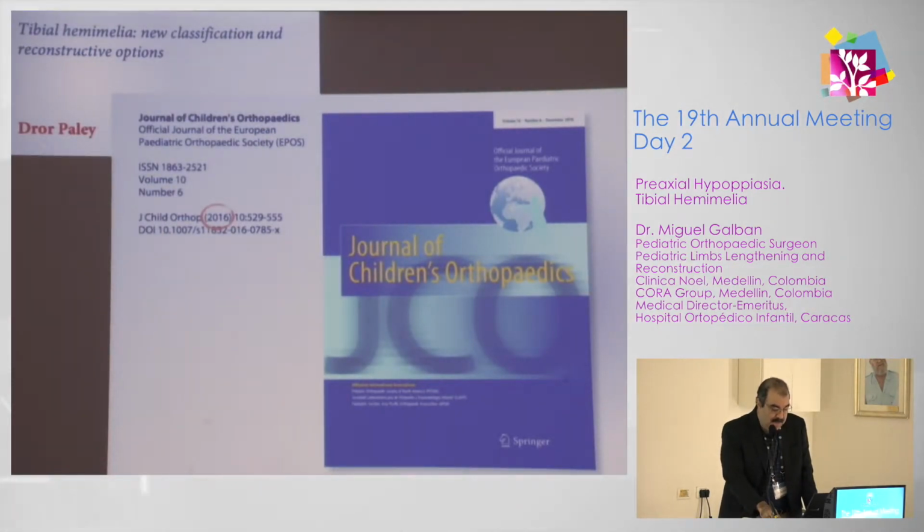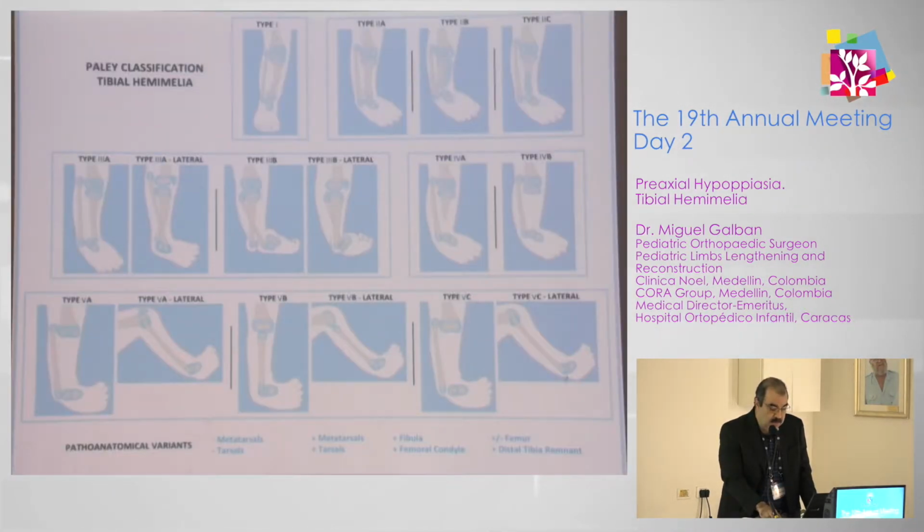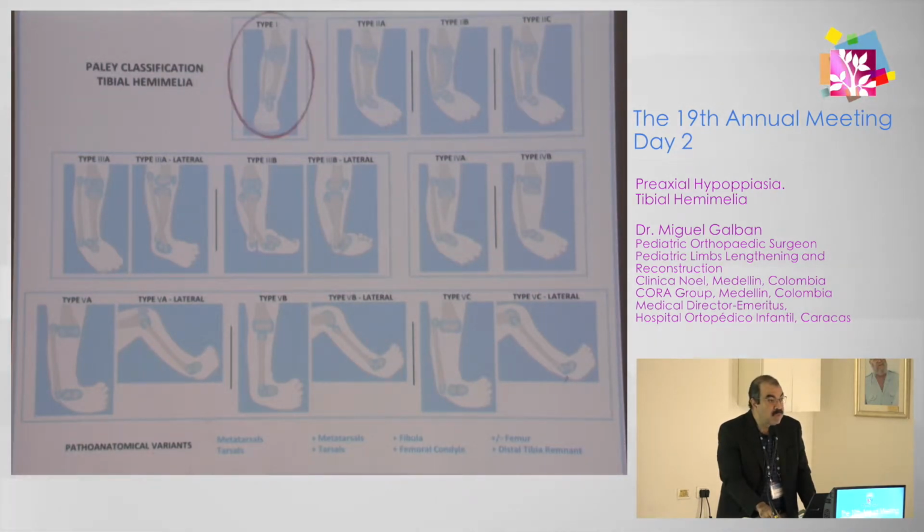I think you can find any presentation in this classification, but the one I like more is the last one, published by Dr. Paley two years ago in this journal. Type 1 is a small tibia, but with knee and ankle, and a long fibula, so the tibia is hypoplastic. Type 2 is similar to type 1, but the ankle is hypoplastic, and the plateau of the tibia is not well developed.